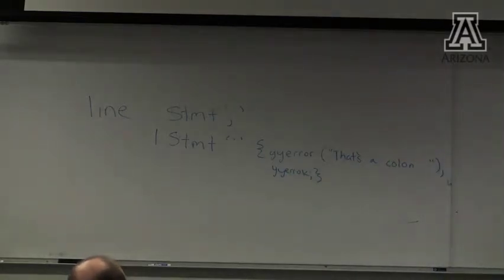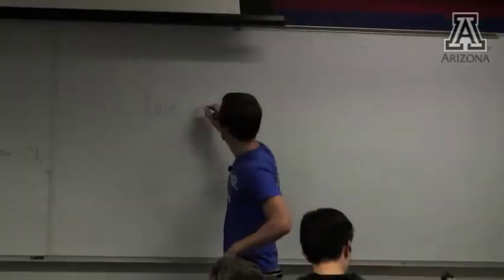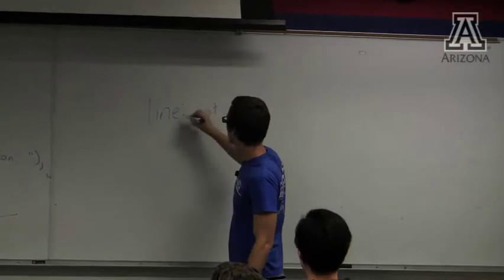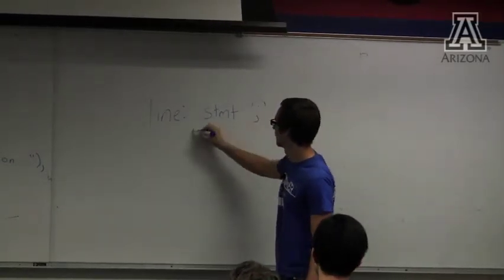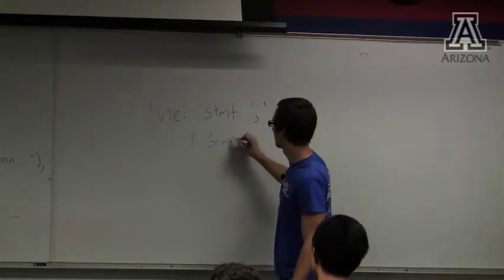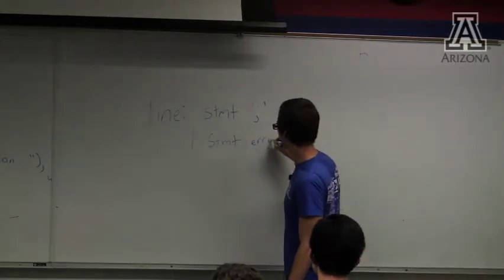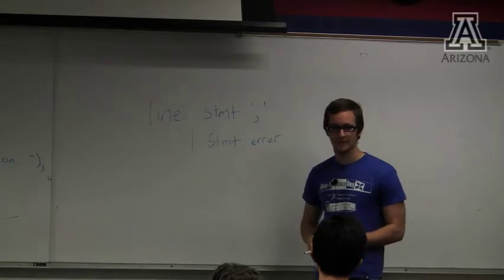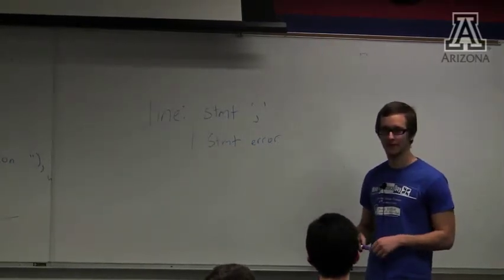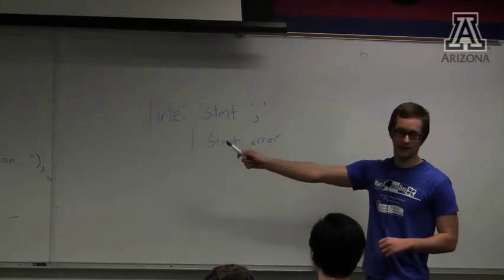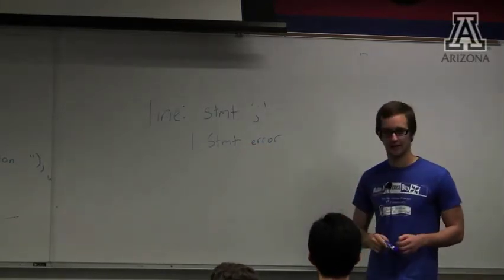So it might be more appropriate to do something like a line is a statement semicolon, or a statement and an error. Right? So this grabs just about anything you could have written over there and sticks it here, right?